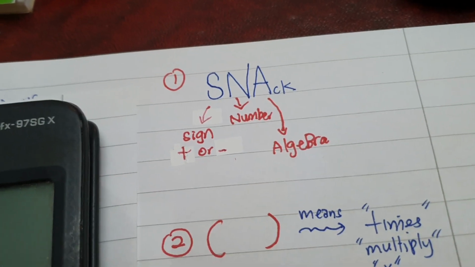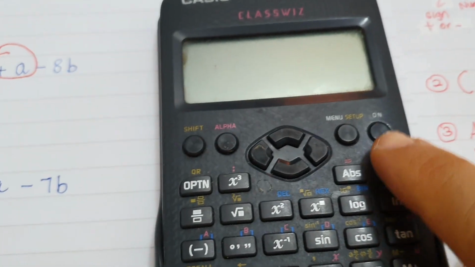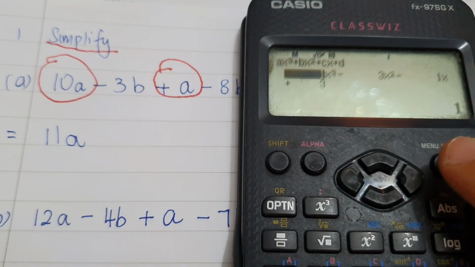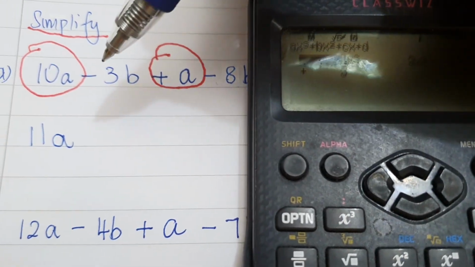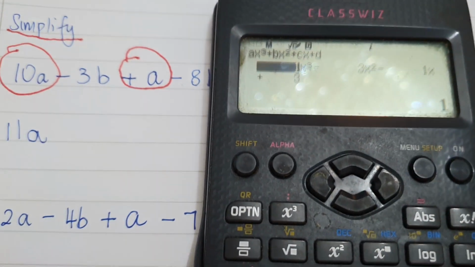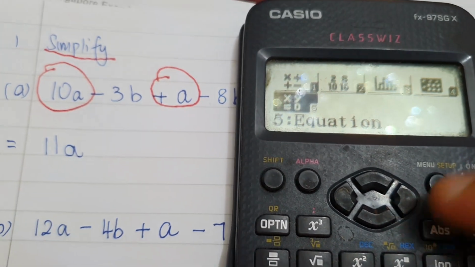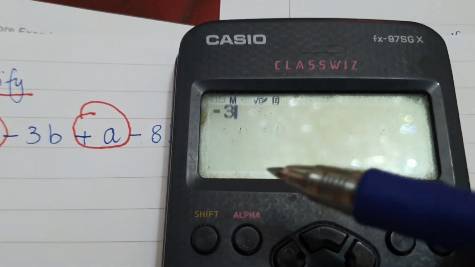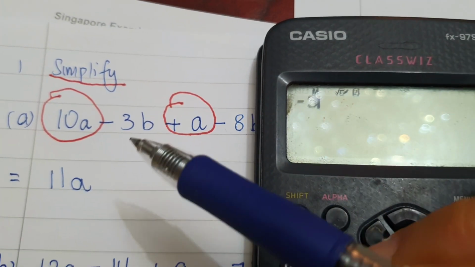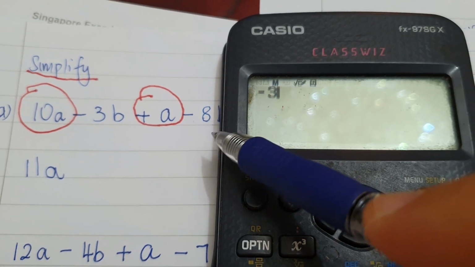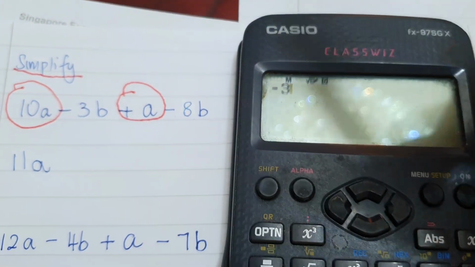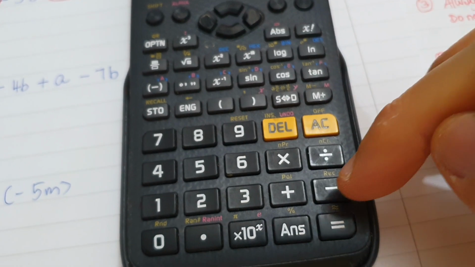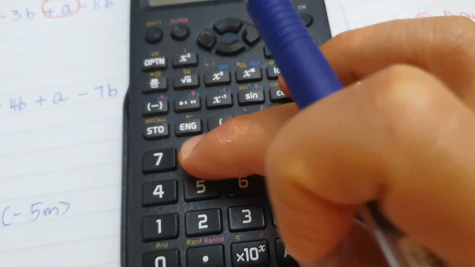Then press the calculator. Press minus 3. You cannot press 3, you must press minus 3. Then you have minus 3 here, and minus 8b. So it is minus 8b.